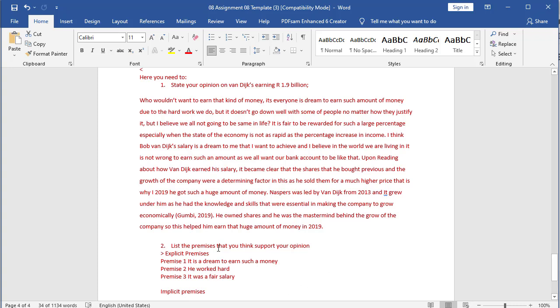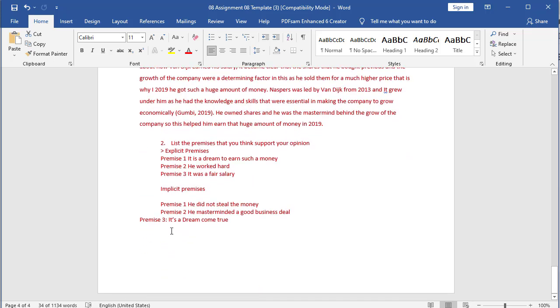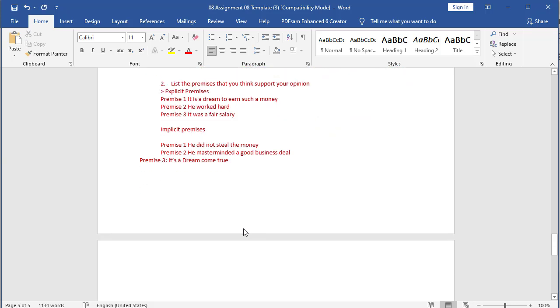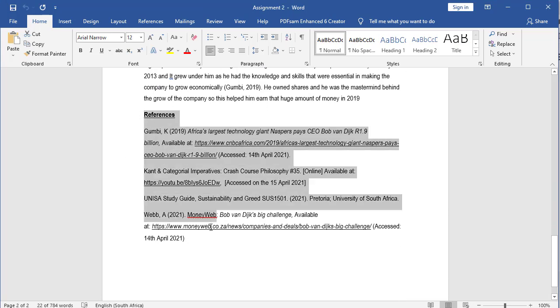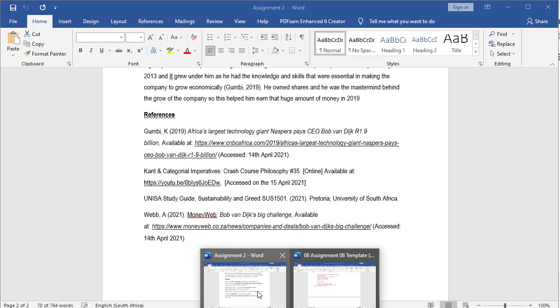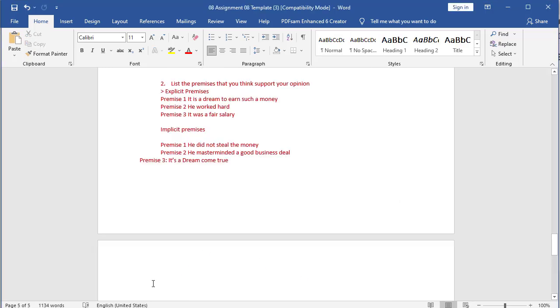And then you are going to list the premises. They didn't say implicit or explicit, but for me, I always make sure that I do the implicit and explicit premises. And then the last thing that I do is to open the last page and put references.